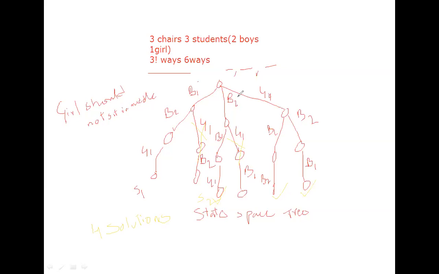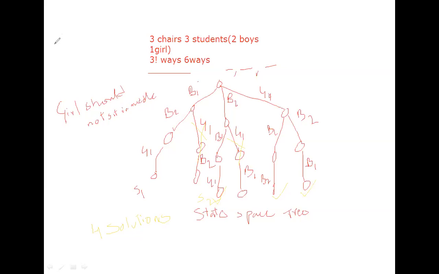So here to solve the problem using backtracking, the solution must satisfy some set of constraints. We have 2 constraints.